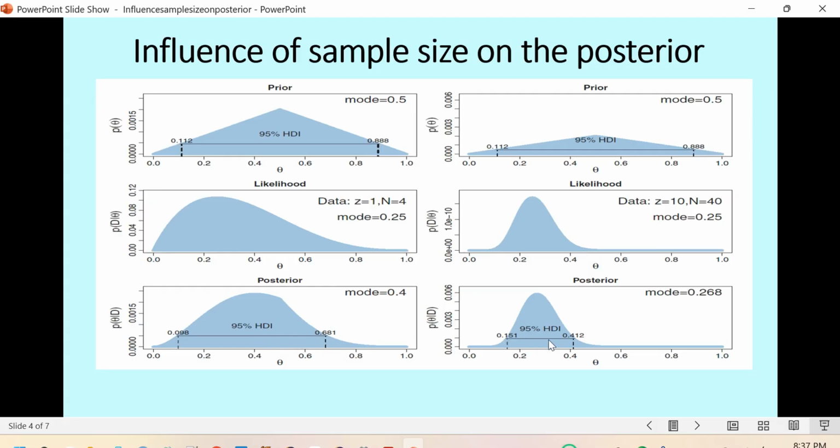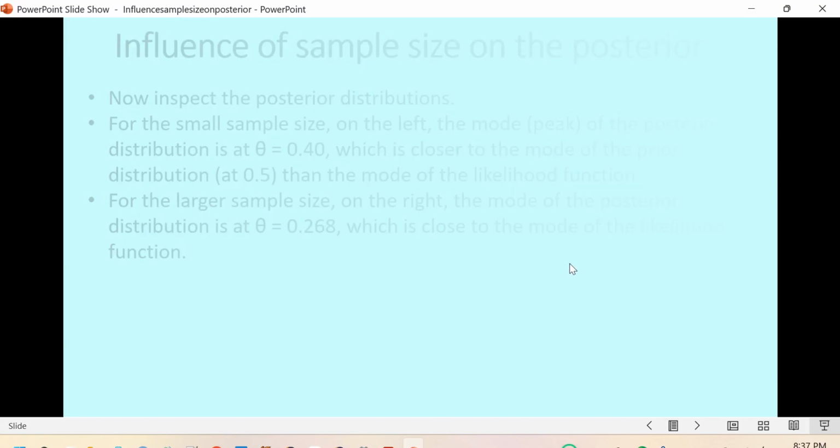And narrow means high accuracy, high precision, right? Because if the range is very wide, just the same as this prior, we get nothing new, right? But with a narrower highest density interval, the precision is higher, which is better, right?